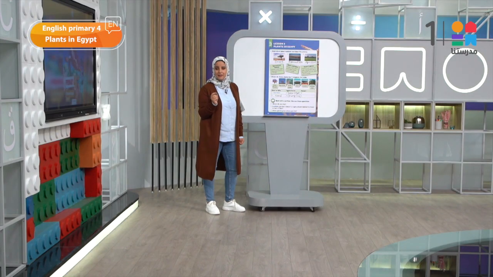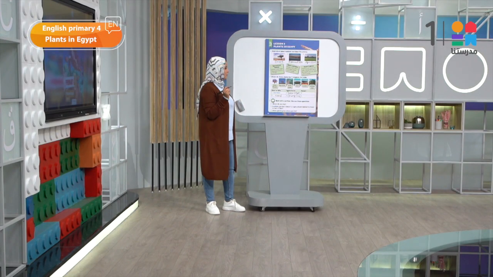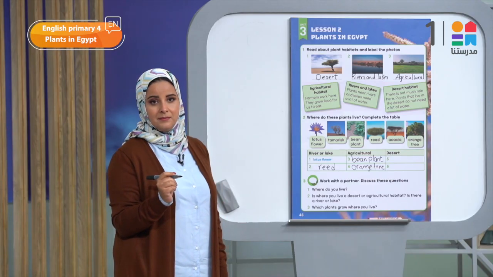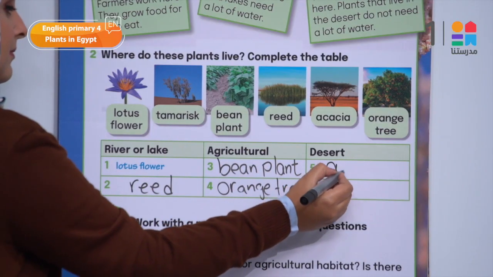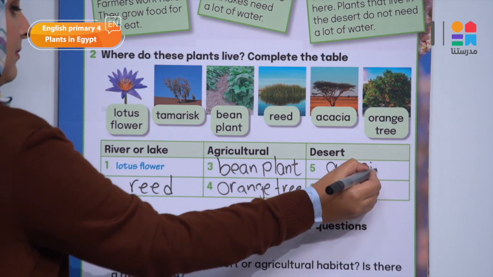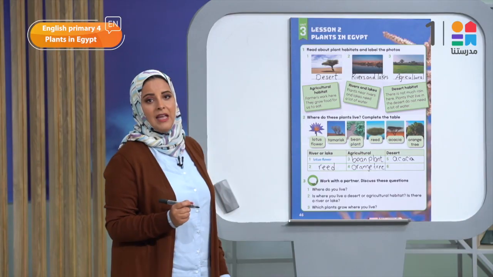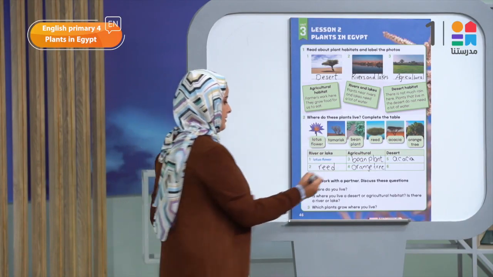So we are left with the desert. Which plants grow in the desert? Very good. The acacia and also the tamarisk.